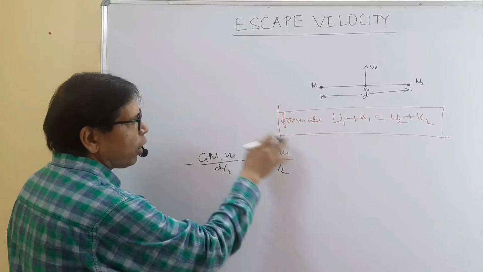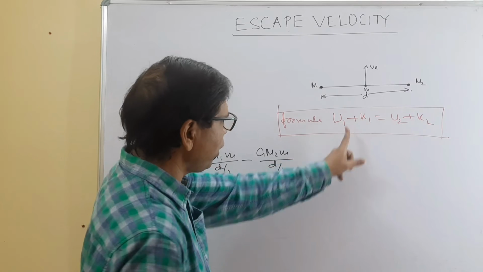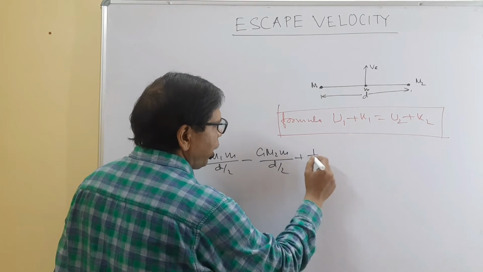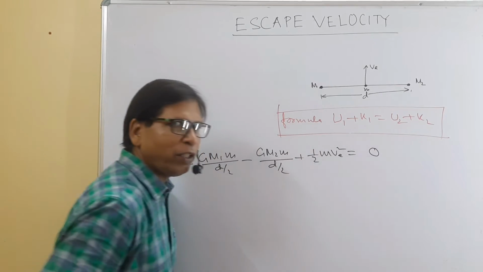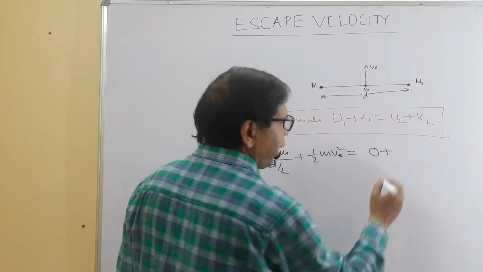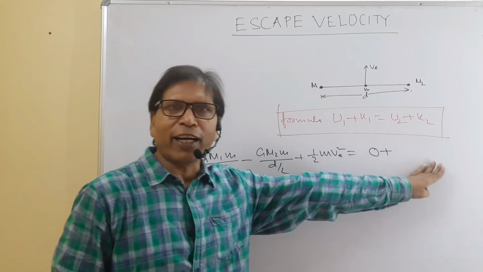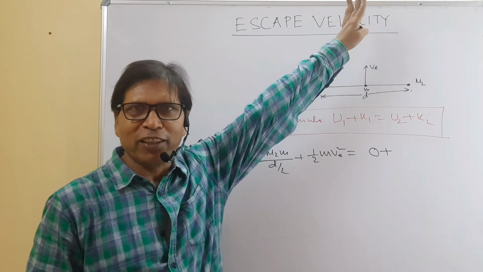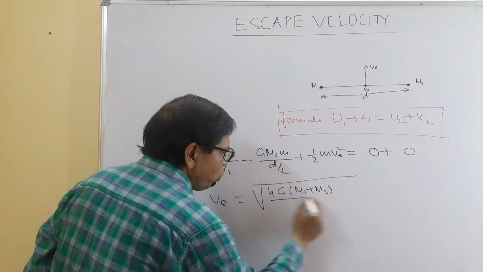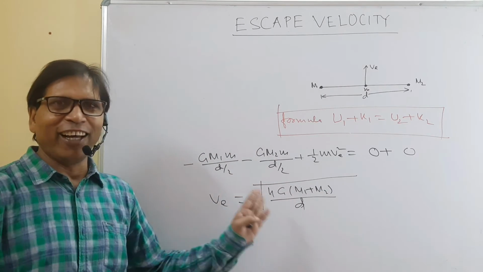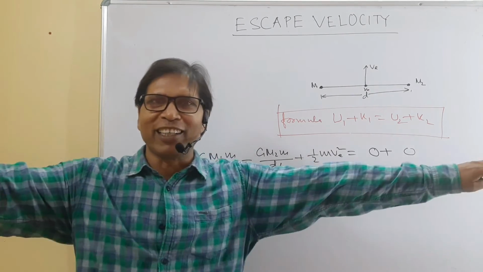So this is the total potential energy, this is U1. Now K1 is equal to half m v square, and this is 0 at infinity, and for escape velocity the final kinetic energy at infinity becomes 0. So v equals root of 4G (m1 plus m2) by d. Okay, this is the required escape velocity for the particle.